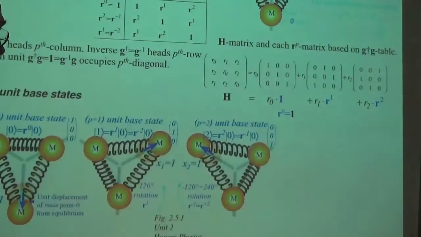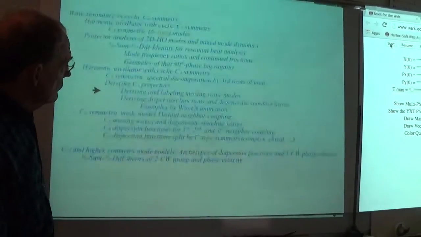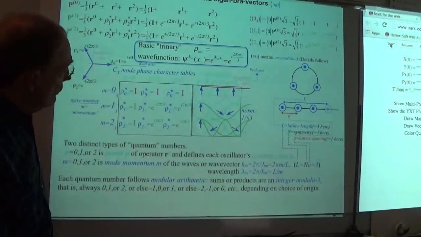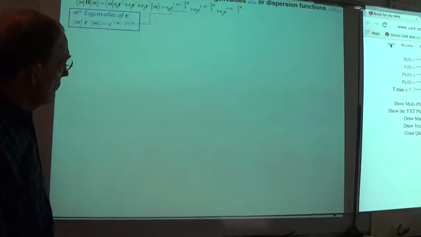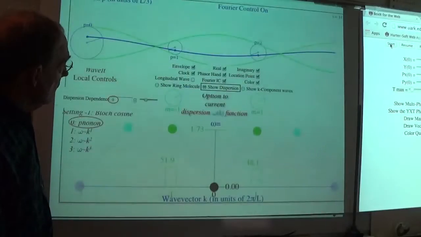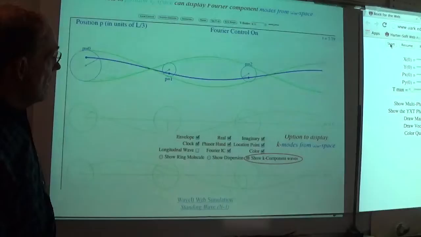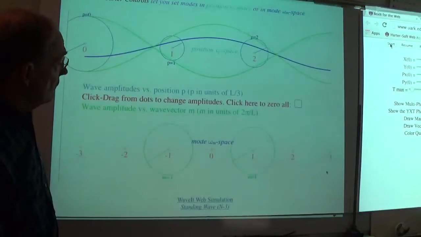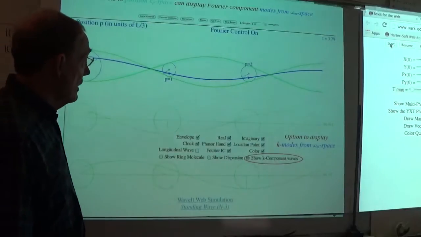I'm going to jump quite a bit ahead here, I think, because I really should have put these control features up front. So here's what I did. Here we go. In the control panel for this thing, you have a number of options for all of these waves that we're going to do today, and for the rest of the course for that matter.